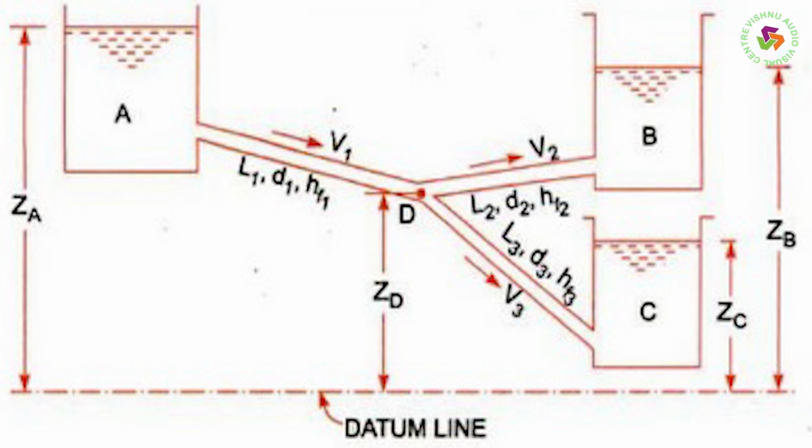For head loss, the equation you all know is the Darcy-Weisbach equation, hf = f L V squared by 2 g d. Using that equation, if I write V = Q by A, that means Q by pi by 4 d squared, whole squared.